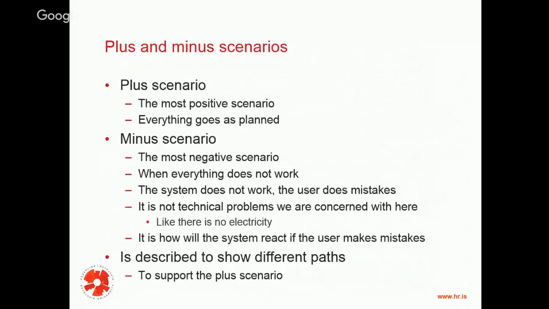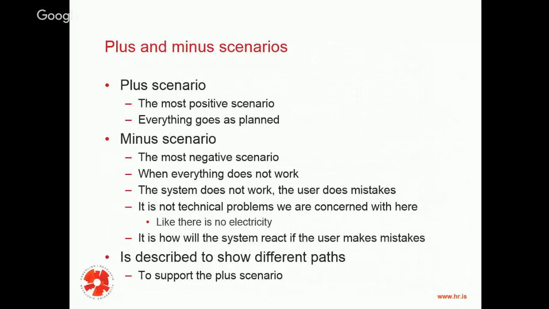And this could also, even though you have the new system, you have to think about, okay, but what could be a minus scenario, even though you have this new system? How would the system react if the user makes mistakes or has some problems?